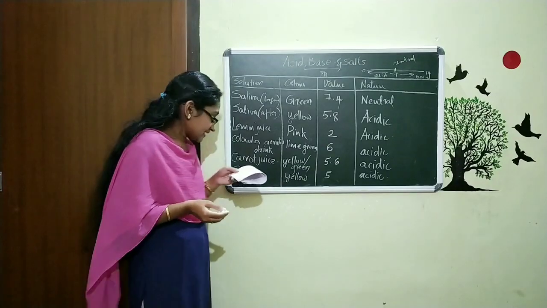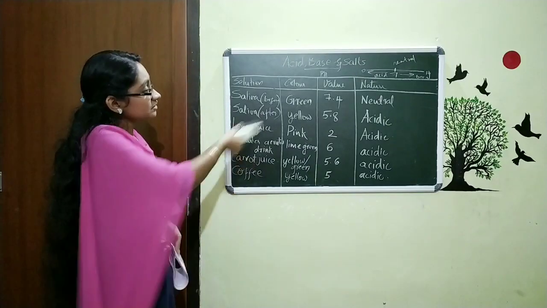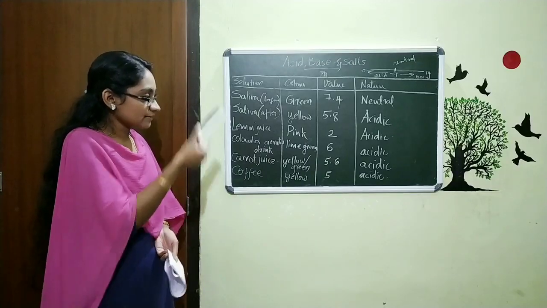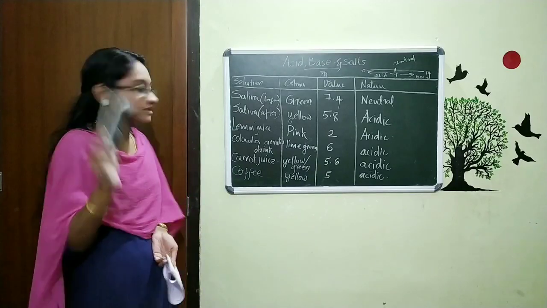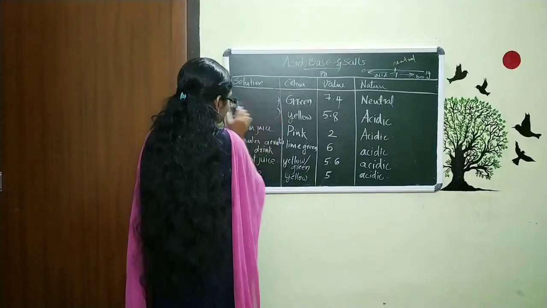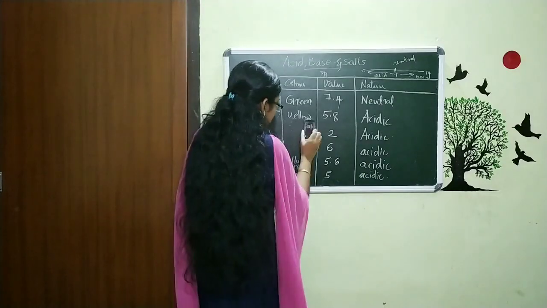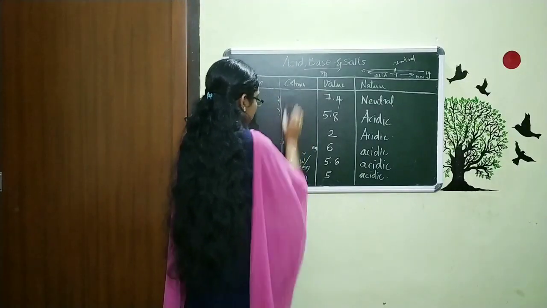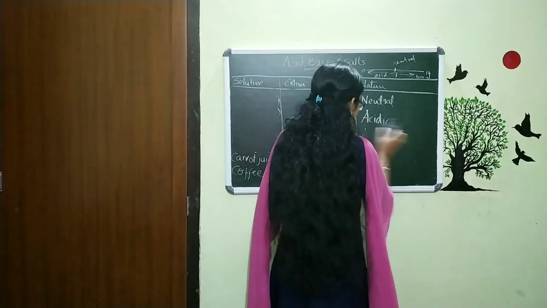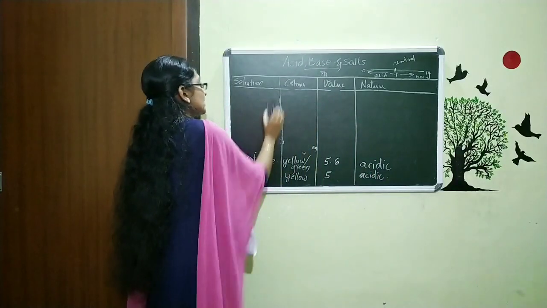And the next is tomato juice. I hope you just wrote it in your textbook, and now I am going to complete the table with the further things also. Now I am going to rub this. The next is tomato juice.